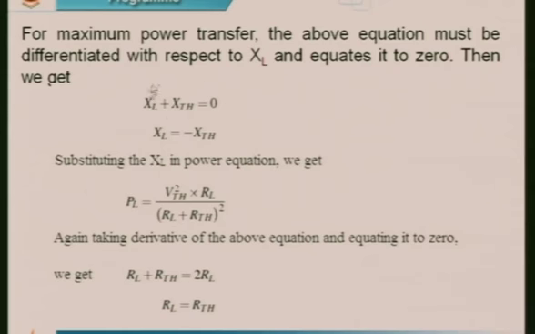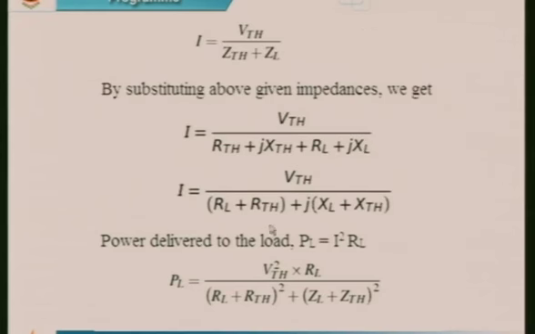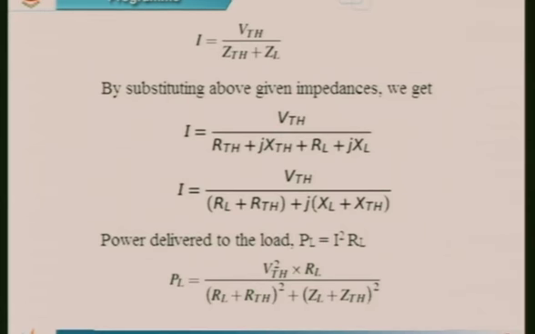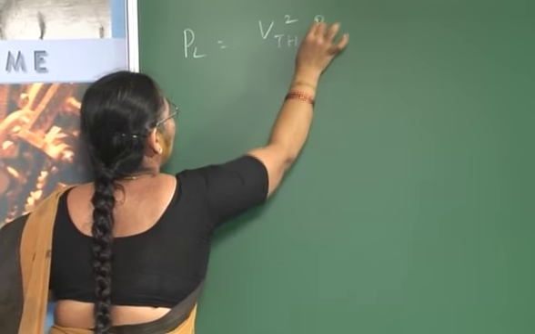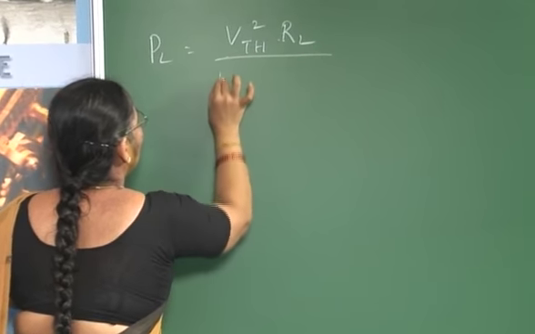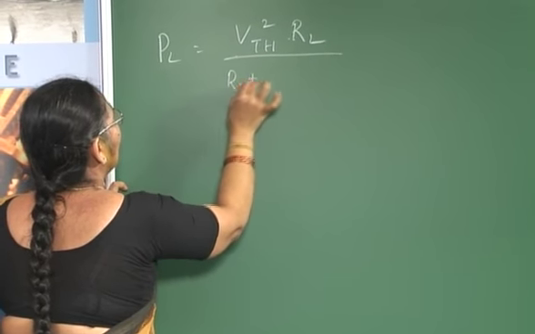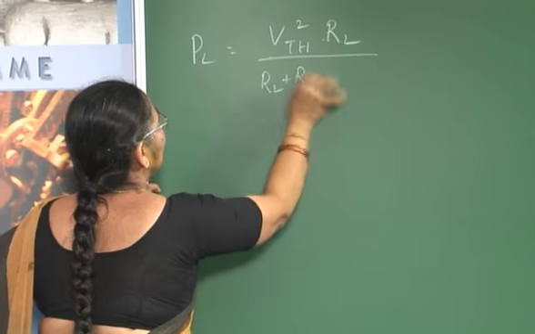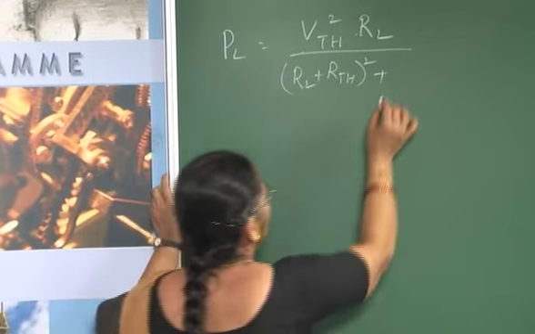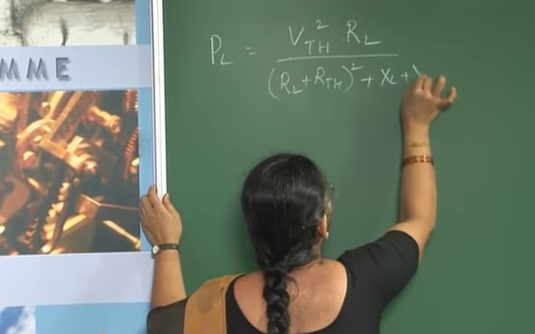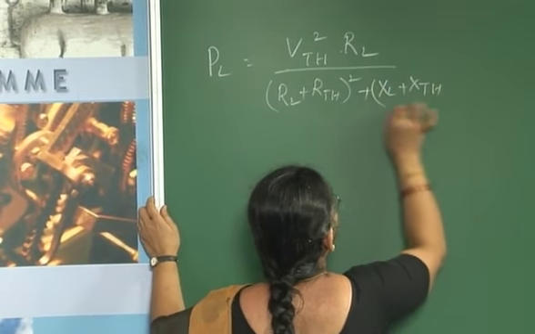For the exact understanding of this, let me derive it for your analysis. PL is equal to V Thevenin square into RL divided by RL plus R Thevenin the whole square plus XL plus X Thevenin the whole square.